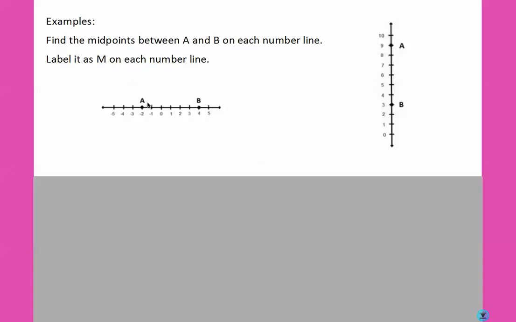So if point A is here and point B is here, I would have to go 1, 2, 3, 4, 5, 6 spaces to get to it. So where would the midpoint, or the middle, be? The middle would be 3 spaces away, at 1. So the midpoint between -2 and 4 would be 1.